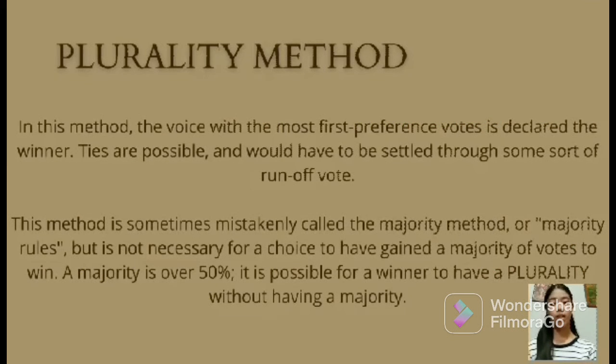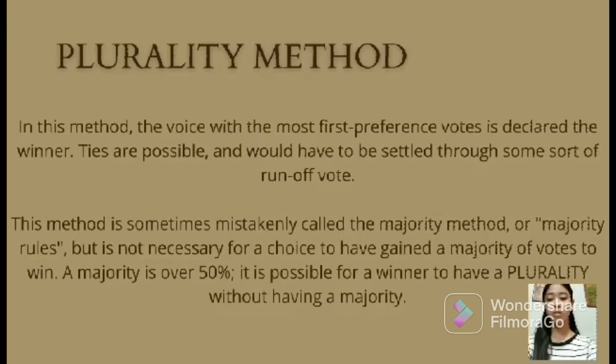What is the plurality method? In this method, the choice with the most first preference votes is declared the winner. Ties are possible and will have to be settled through some sort of runoff vote.